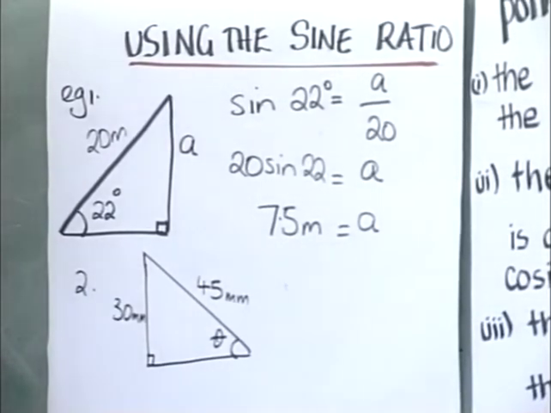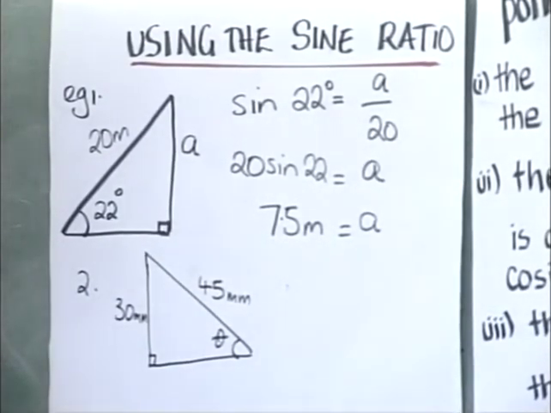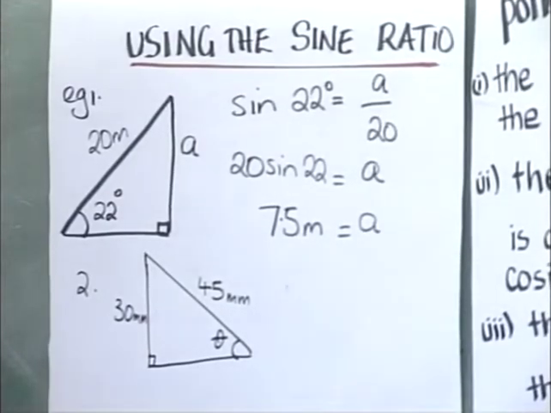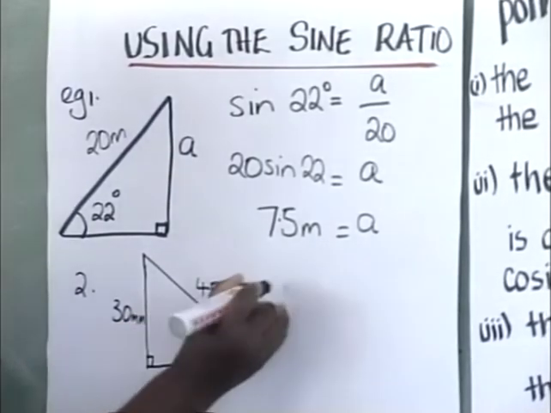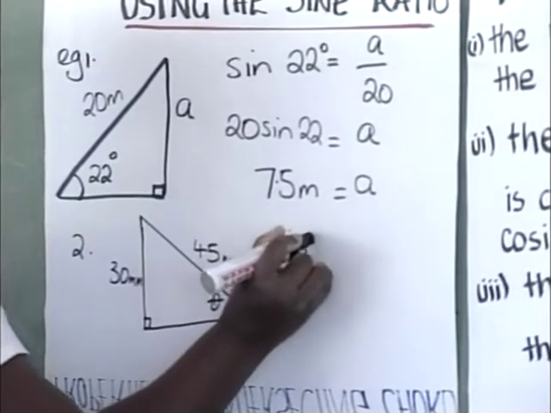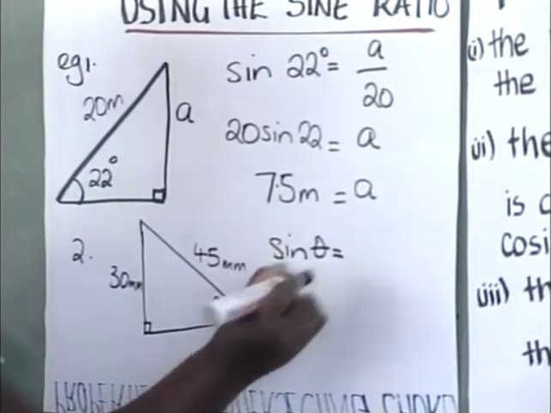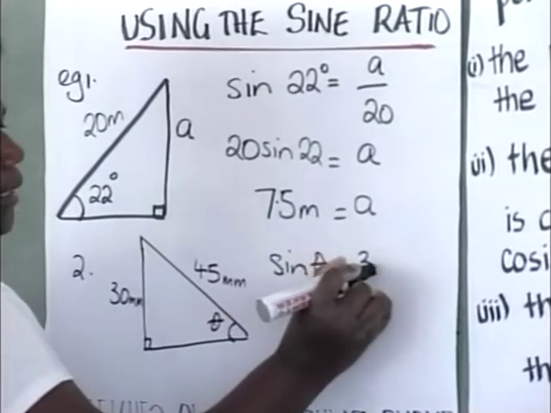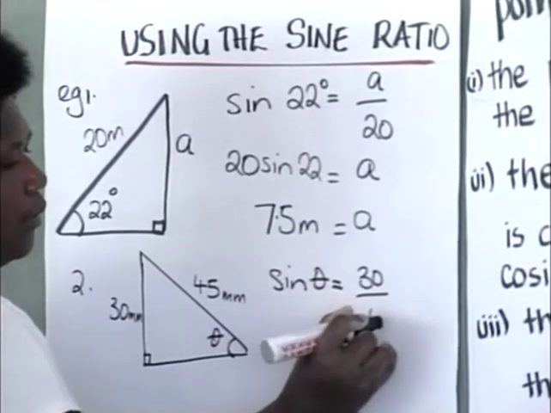Okay, now we are going to find the angle theta. First I have to say sine theta is equal to 30 over 45.